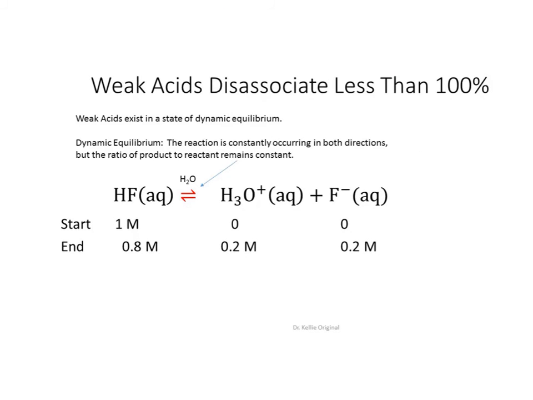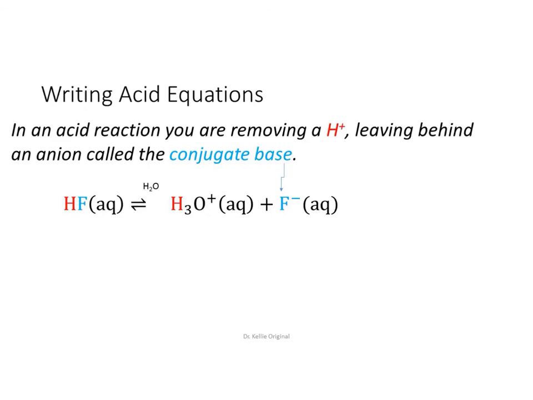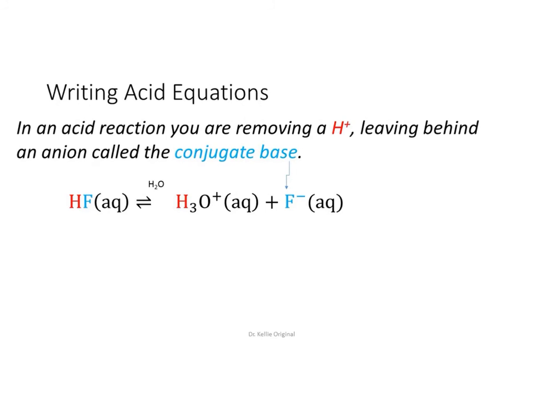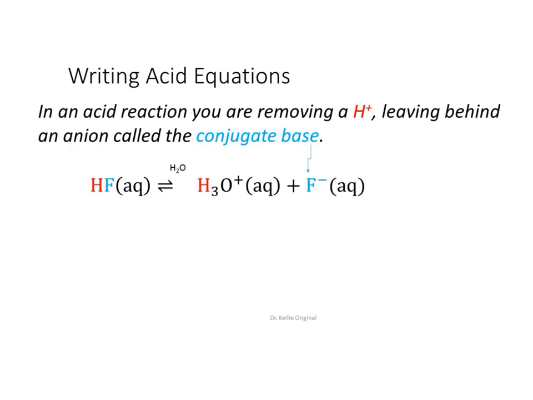One thing you have to be able to do is write an equation for an acid. Writing an equation for an acid is pretty easy. A couple quick things in terms of terminology, though. When you have an acid, you're removing a proton from the acid.